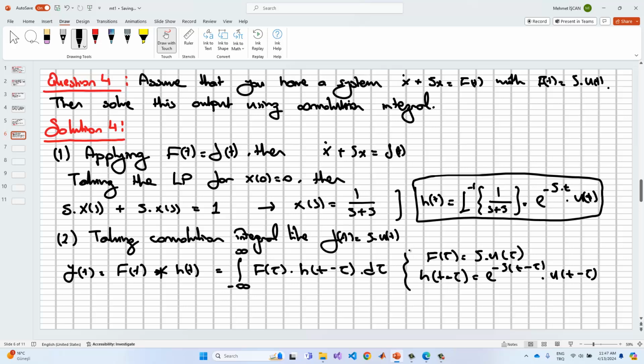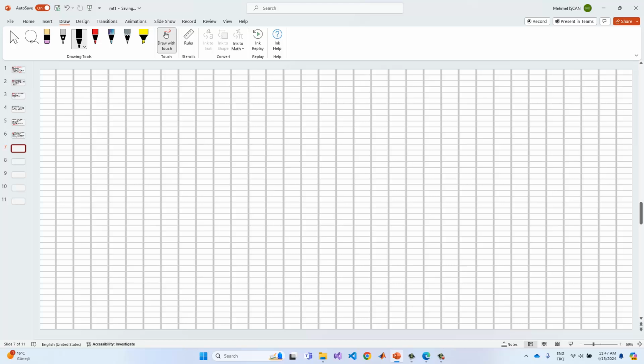Okay, these are the two solutions, and then the integral becomes yt equal to 0 due to the unit step function and the t in here, and 5 times exponential minus 5(t-tau) d tau.